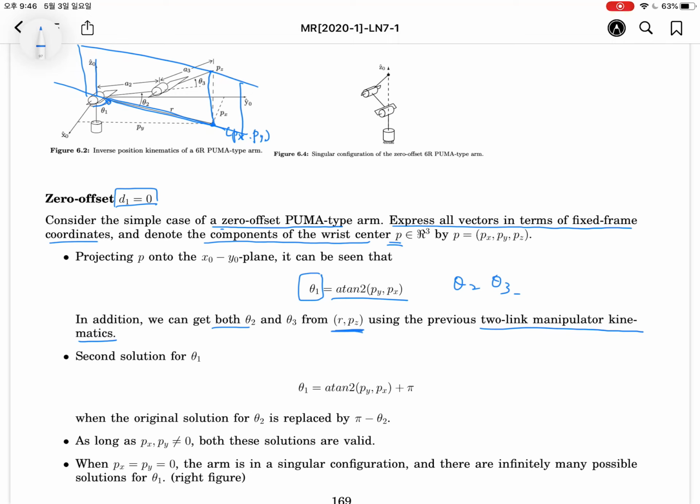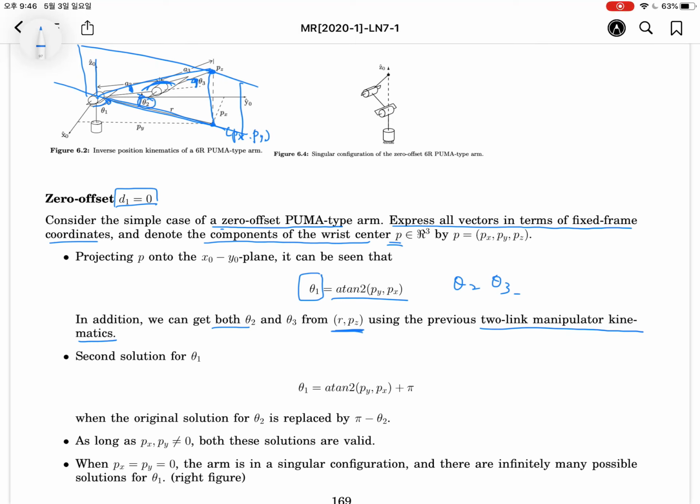It's very easy. So in the previous problems, we have talked about how to solve theta 2 and theta 3 in the planar case. From this point, by making a triangle, this angle will be determined using the law of cosines, and then we will obtain theta 3.